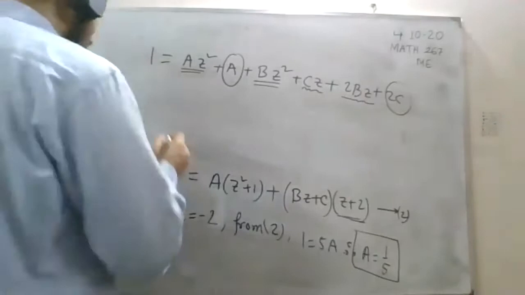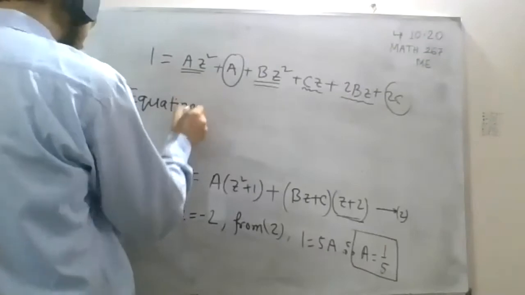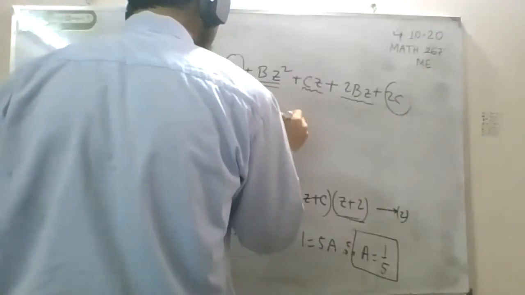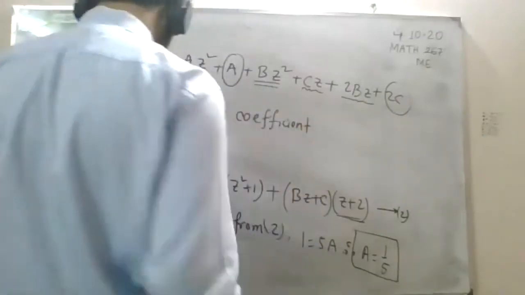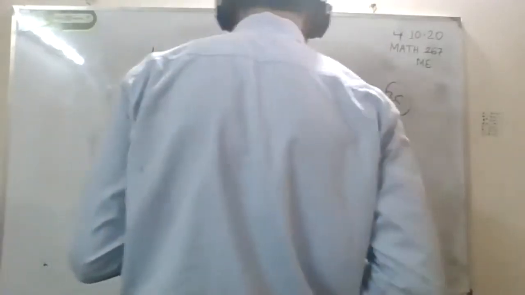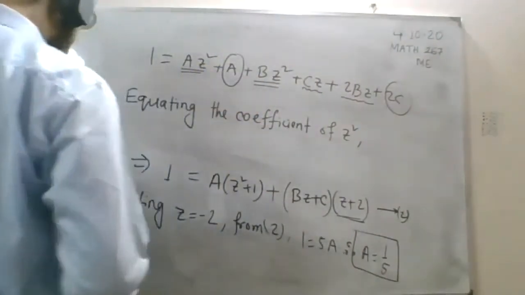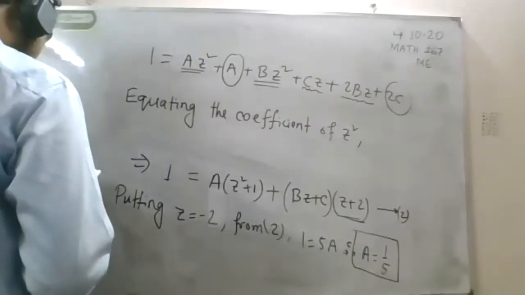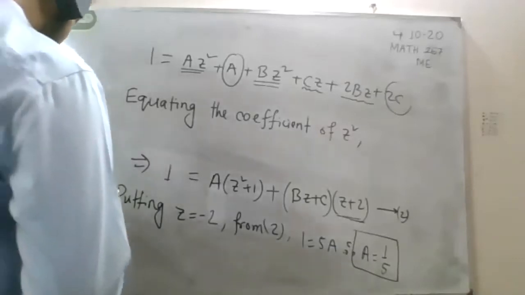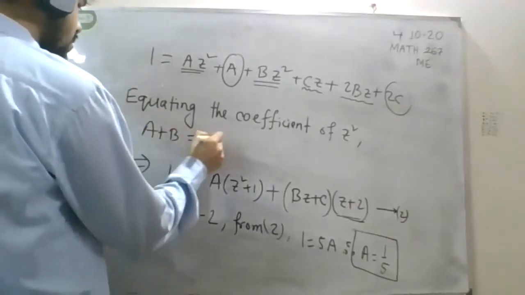Okay, from here, so equating, we can say that a plus c. So here a is equal to, so here a plus b equals to 1.